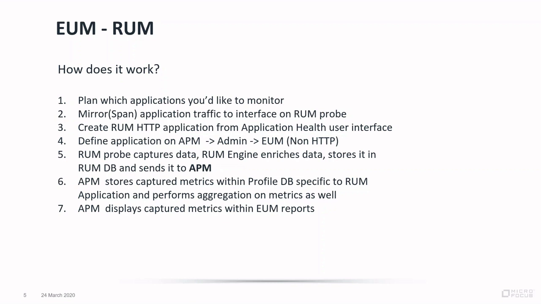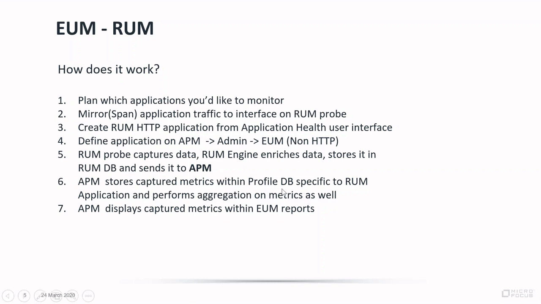RUM has the option of keeping up to 14 days of data. You can keep more, but if you want to keep more, you need more disk space at the RUM engine side. So generally 14 days of data by default will be there. And it will send the data to the APM.